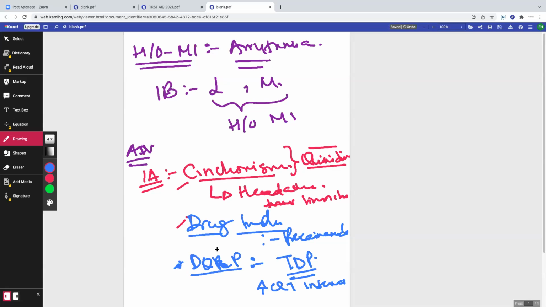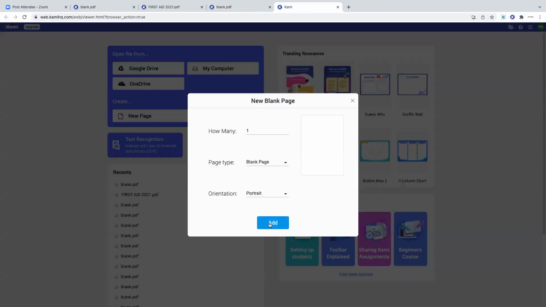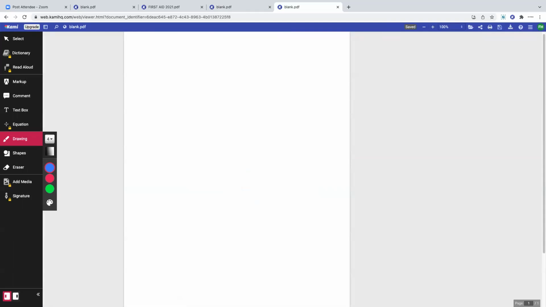Yes or no? Okay. So can we remember these handful of adverse effects for the class 1A drugs, please? Yes? Okay, good.